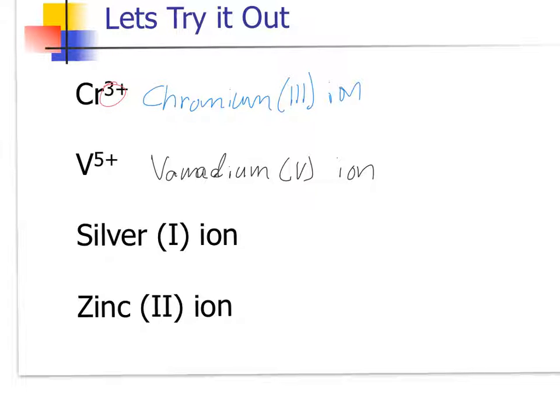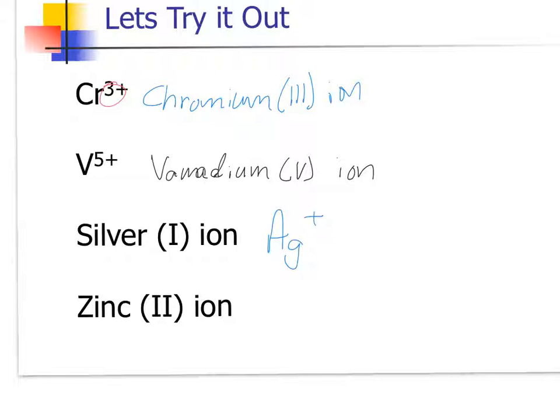So you'll see this both back and forth, and it's to kind of get you used to understanding that some of these, we don't say the Roman numerals if they only form 1 charge the majority of the time, such as silver 1 ion. You might just see it as the silver ion and have to know that it says silver 1 ion.